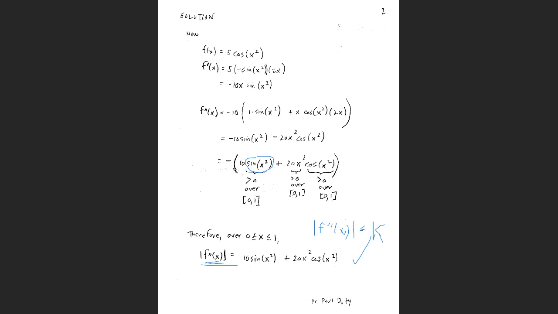Now, here's the thing. If we were to plot this second derivative, let me plot it on my calculator real quick. So 10 times the sine of x squared, making sure my calculator's in radian mode too. 10 times the sine of x squared plus 20 times x squared times the cosine of x squared.